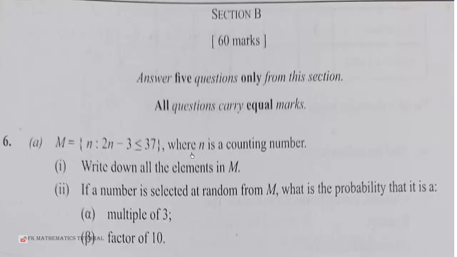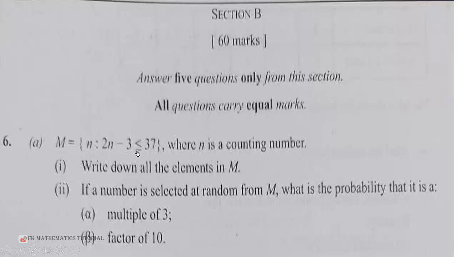So when n is a counting number or a natural number, write down all the elements in M. If a number is selected at random from M, what is the probability that it is a multiple of 3, a factor of 10? So let's begin.